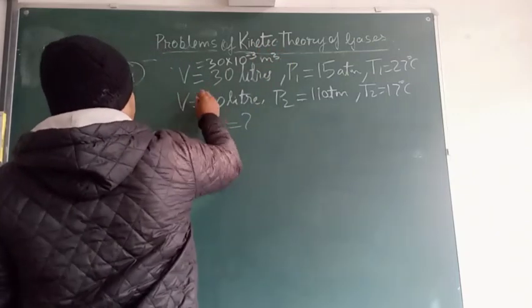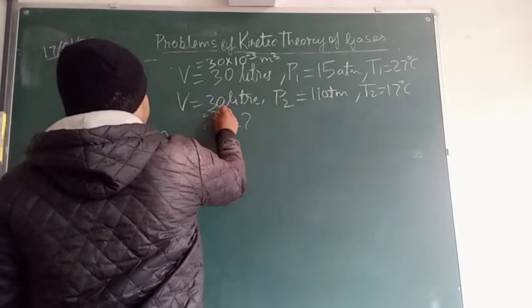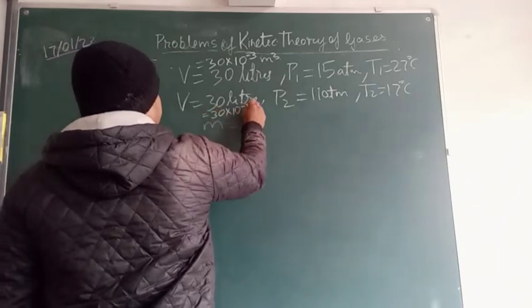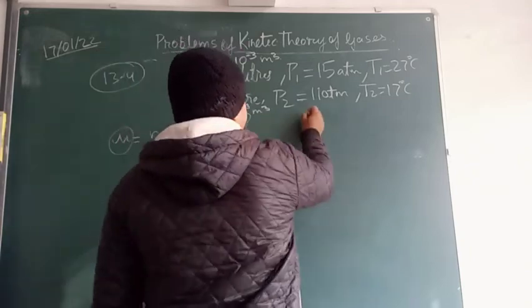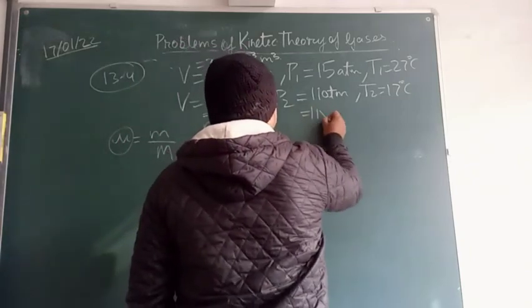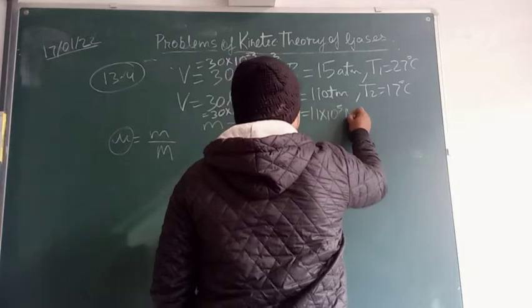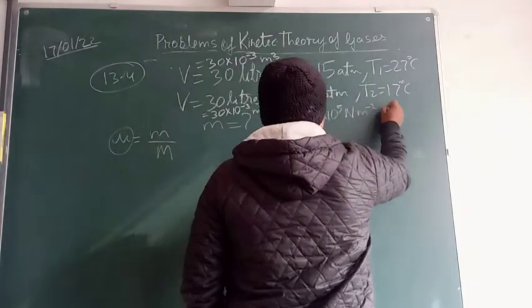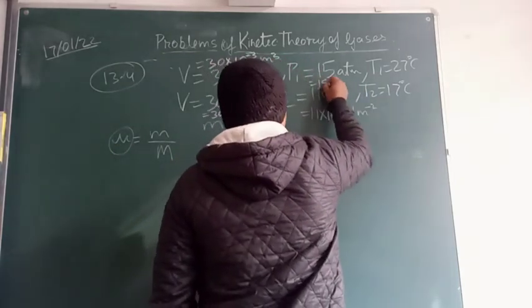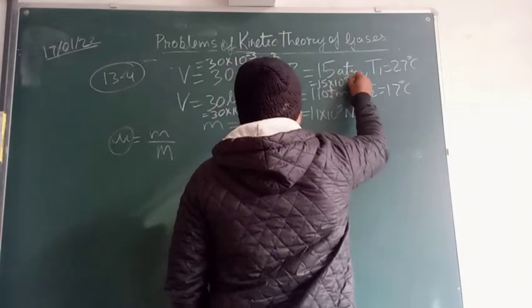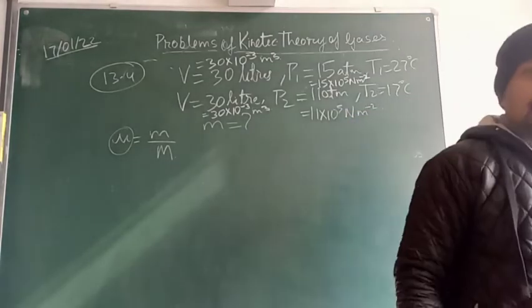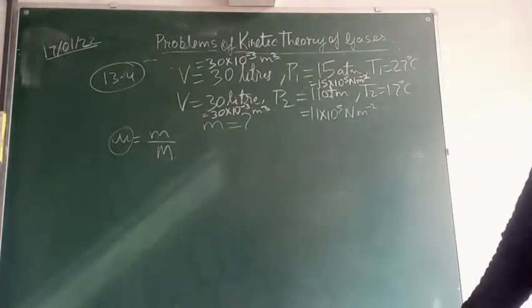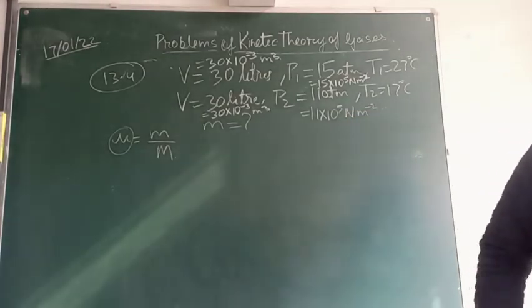This will also be 30 into 10 to the power minus 3 meter cube, multiplied with 11 into 10 to the power 5 Newton per meter square, and this will also be 15 into 10 to the power 5 Newton per meter square. So these are the standard units in which we have to solve our question.